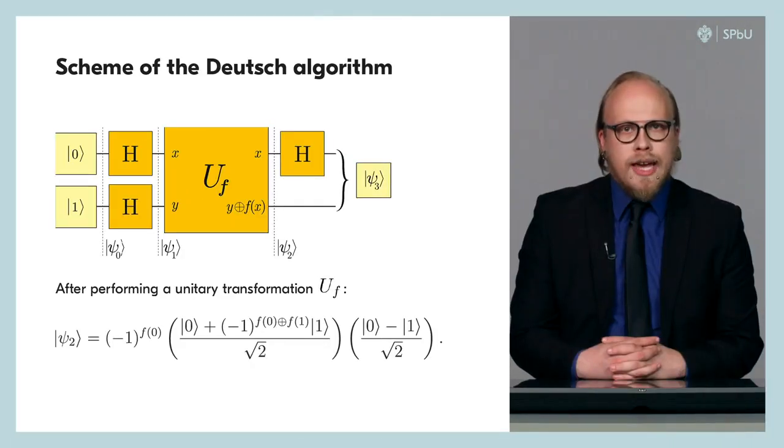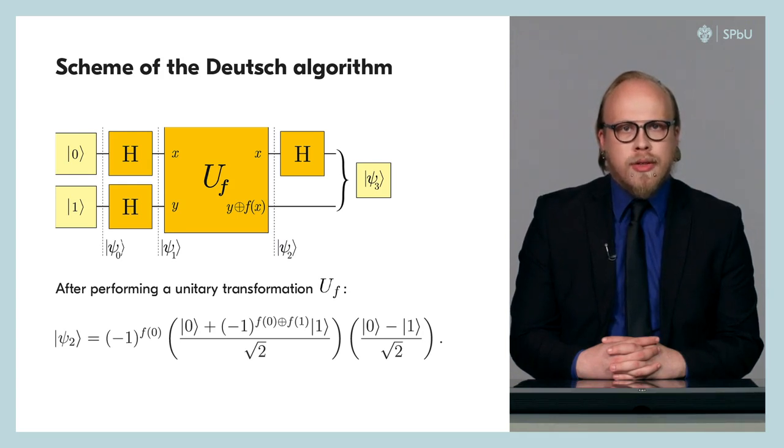Thus, after the action of the oracle on the state psi1, we get the state psi2, in which the relative phase factor in the superposition of states 0 and 1 for the first qubit will contain information about the sum of the function value f of 0 and the value of the function f of 1.